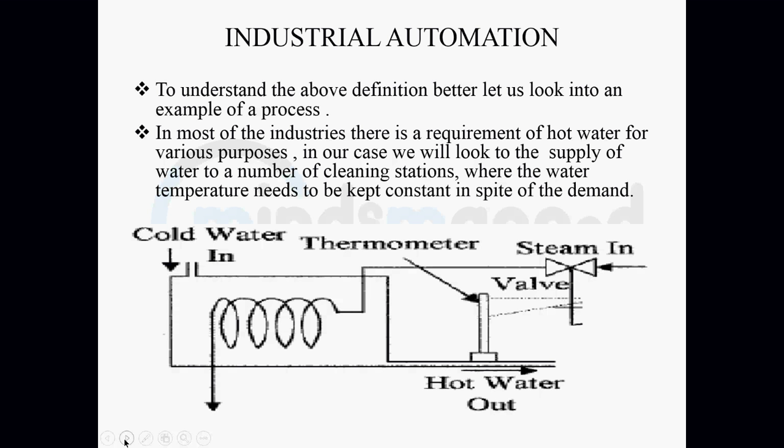Now, is there anyone who can just look at the image and try to explain what is happening here? Oh, I can try. The cold water comes in, where you say in, and there's a heater element. I don't know if it's a heat exchanger or a boiler, but there's a heat element that heats the water before it goes to the tank. And we have a thermometer, which is basically a control element. We have a valve.